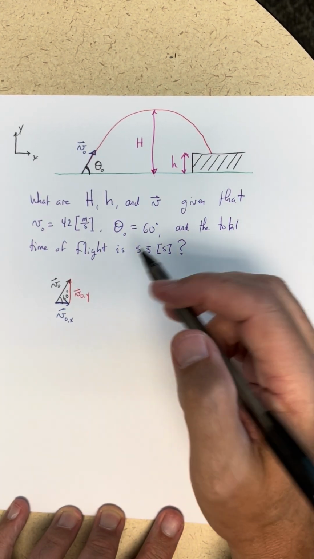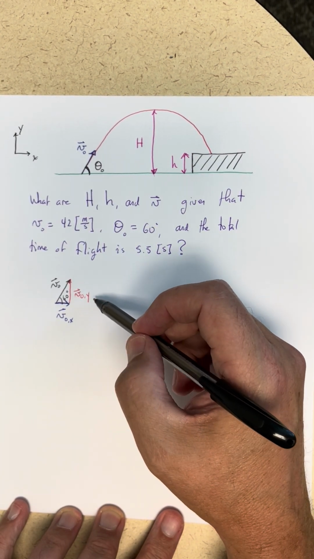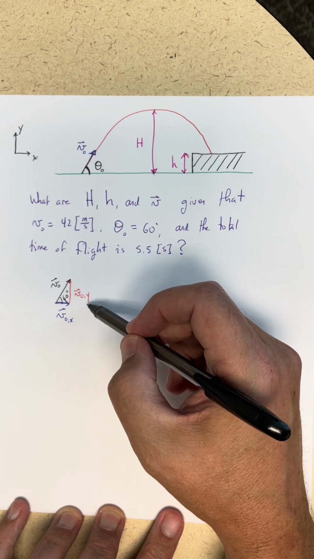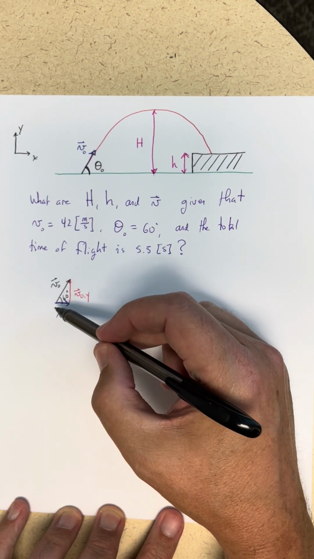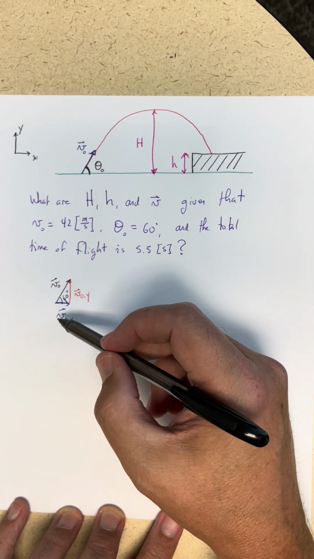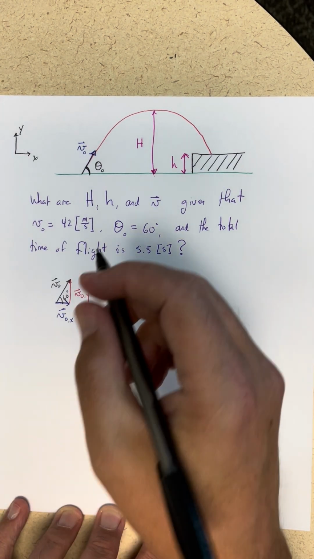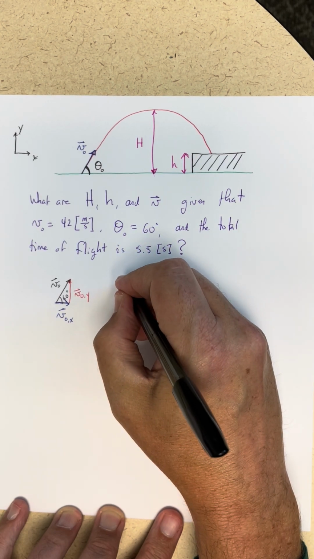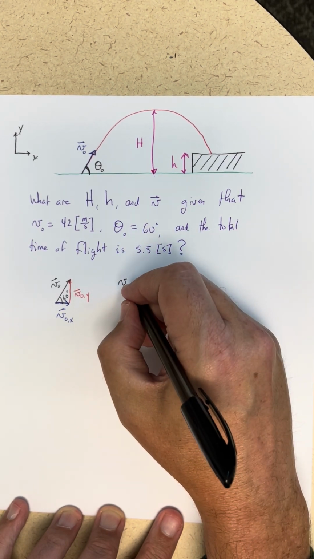We can work out the components. The y component is going to be the hypotenuse times sine of 60, and the x component is the hypotenuse times cosine of 60. So let's go ahead and get those written down.